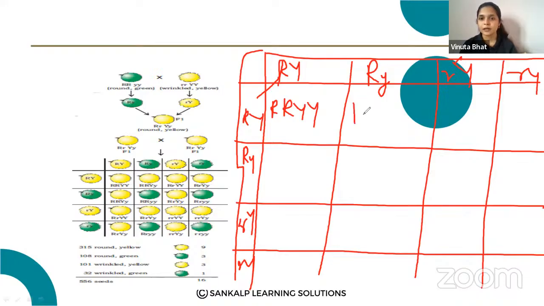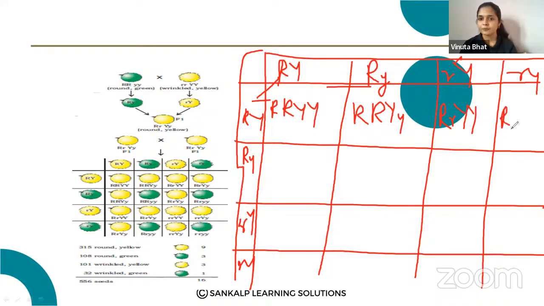Here, capital R, next this with this one. Capital R, capital R, capital Y, small y. Okay. Next, capital R, small r, capital Y, capital Y. This is also R, R, Y, Y. Okay.